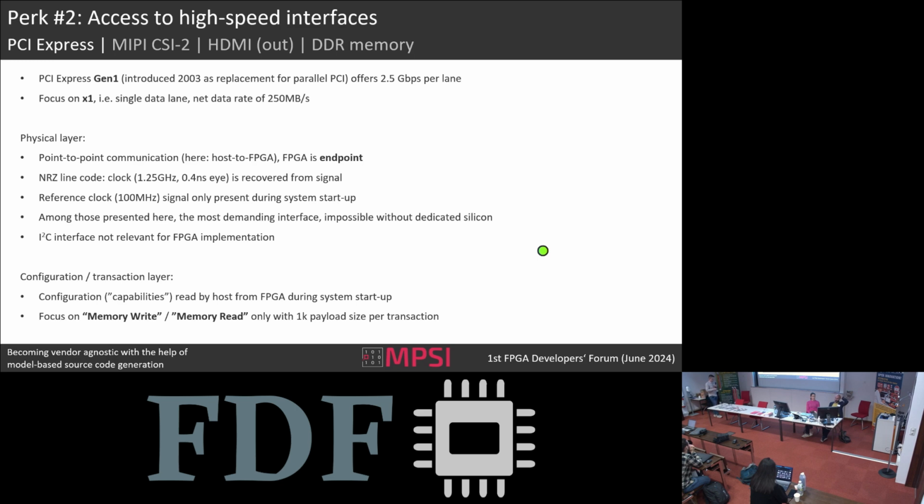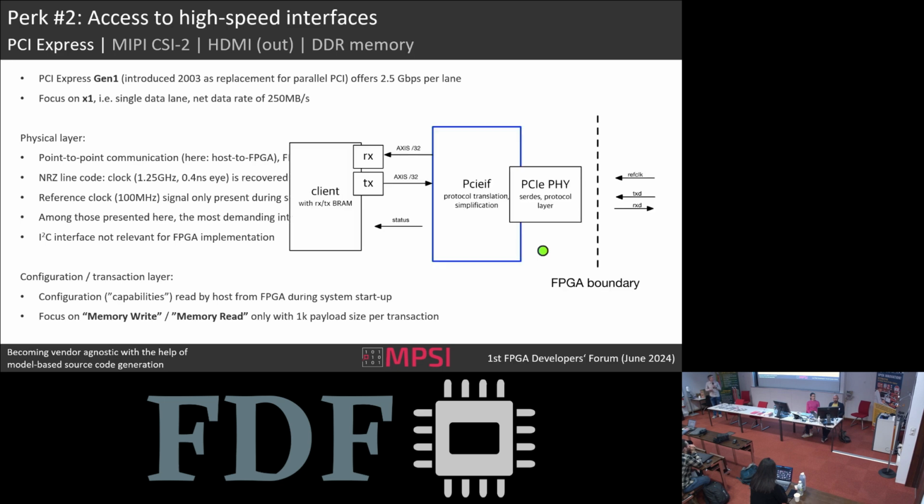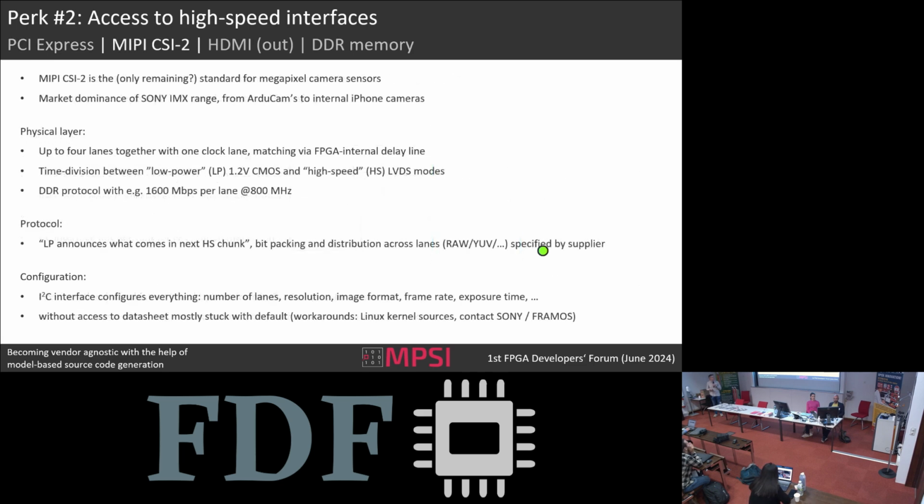And the idea here is to have wrappers for just the core functionality of what PCI Express, MIPI, and the other two do, and then go from there. So the blue block is always the template in Wisnium. You see a bit from the diagrams what it does.